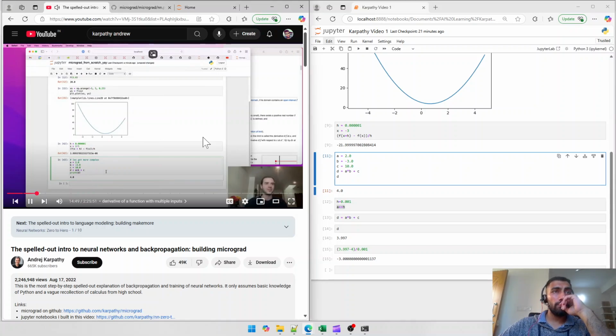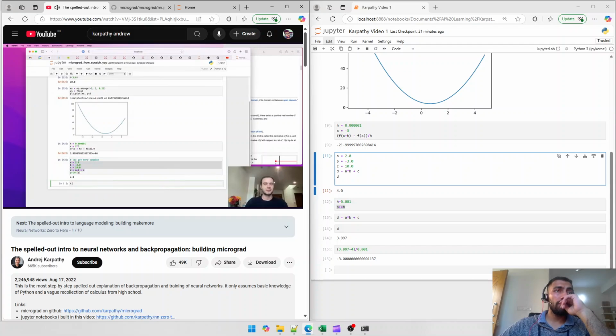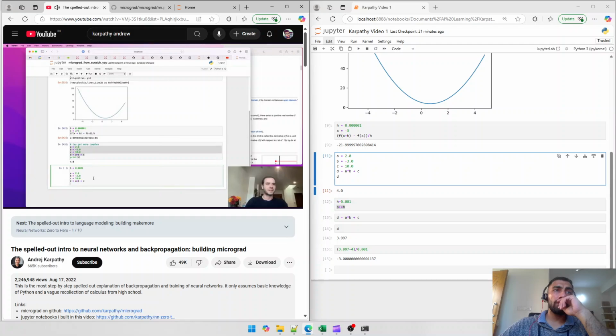In order to evaluate this derivative, we're going to get a bit hacky here. We're going to again have a very small value of h, and then we're going to fix the inputs at some values that we're interested in. So this is the point a, b, c at which we're going to be evaluating the derivative of d with respect to all a, b, and c at that point. So there's the inputs, and now we have d1 is that expression. And then we're going to, for example, look at the derivative of d with respect to a. So we'll take a and we'll bump it by h, and then we'll get d2 to be the exact same function.